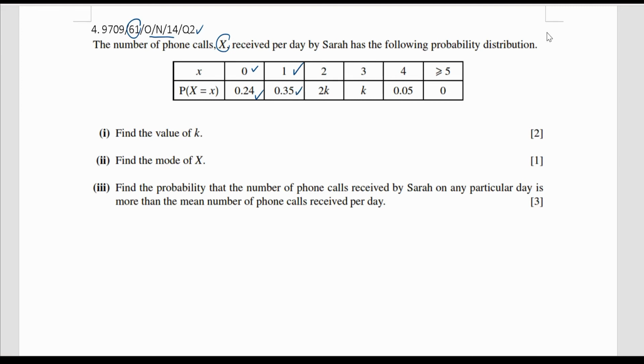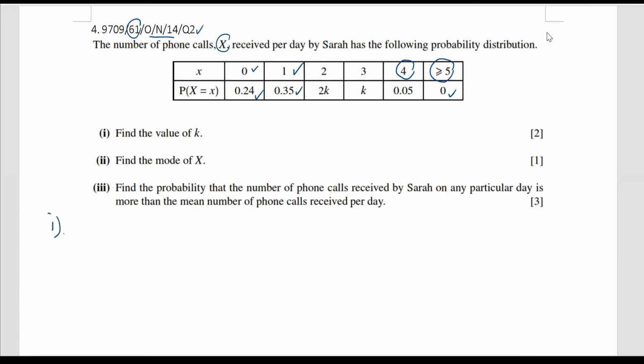And based on the table given here, we can tell that X greater than or equal to 5, which means the number of phone calls she received per day is 5 or more, the probability is 0. So in a day, maximum she will receive 4 phone calls. All right, can you understand?